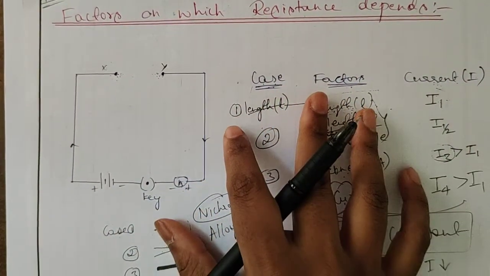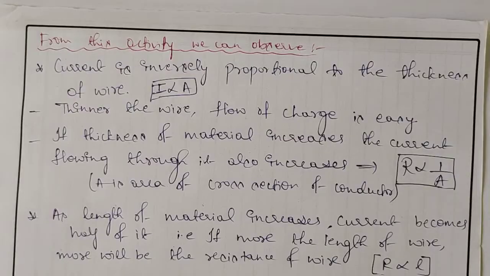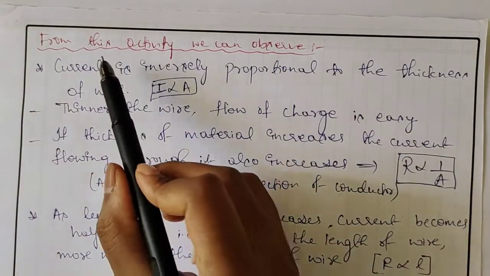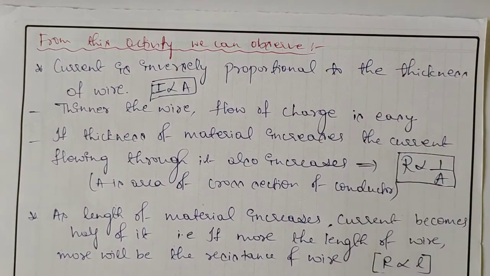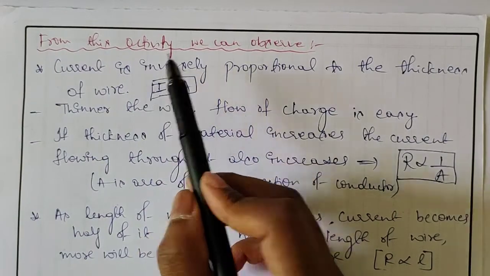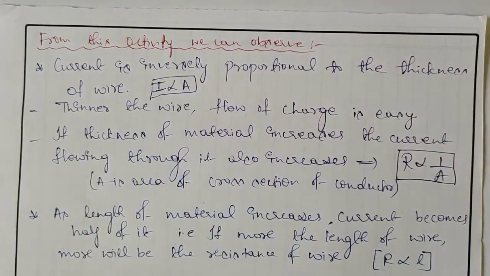Okay, now let us analyze what we learned from this activity. From this activity we can observe that current is inversely proportional to the thickness of wire.